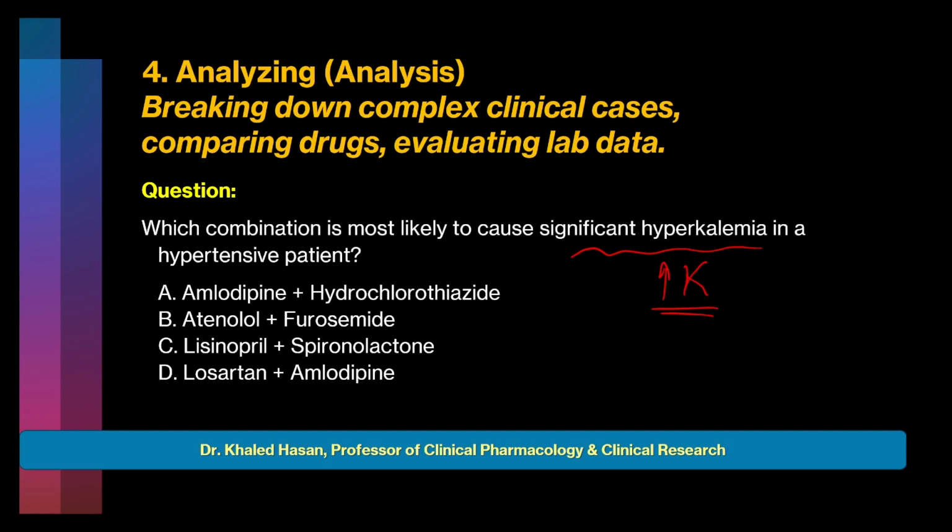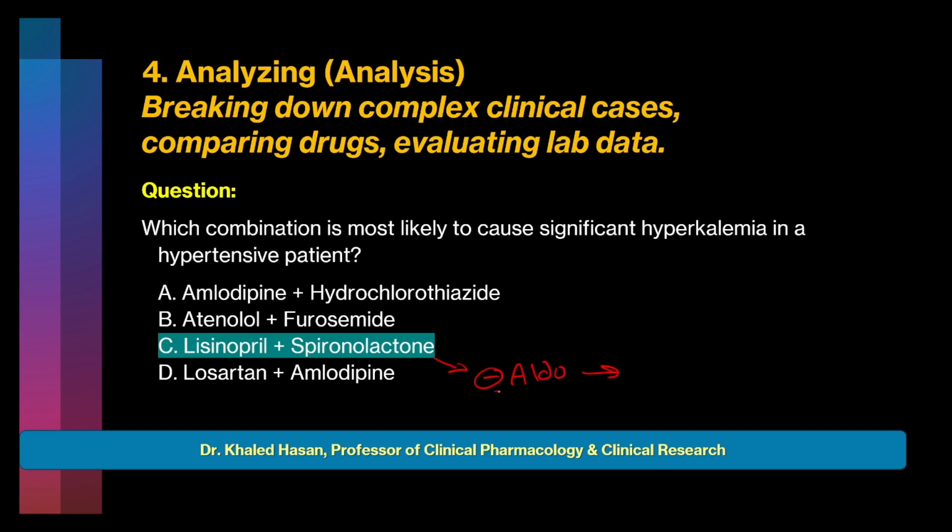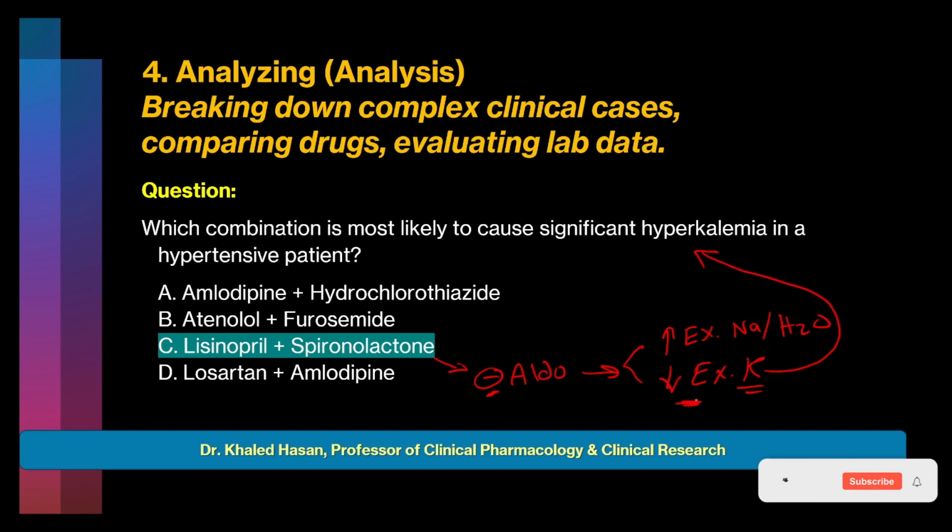Okay, the correct answer will be lisinopril and spironolactone. Spironolactone is considered an aldosterone antagonist, and when you antagonize the effect of aldosterone, the result will be increased excretion of sodium and water, and decreased excretion of potassium, and this will increase the level of potassium in the blood due to the decreased excretion.